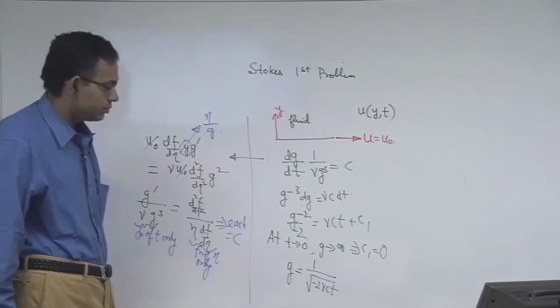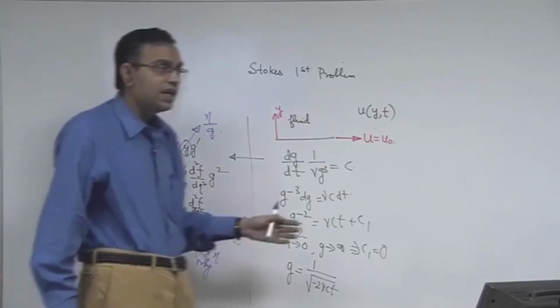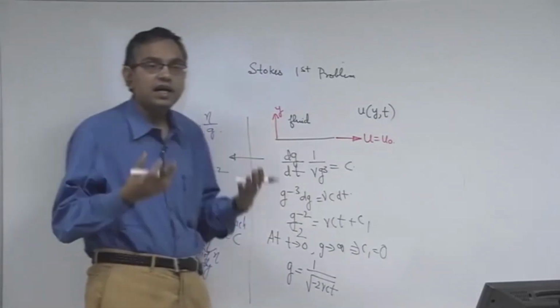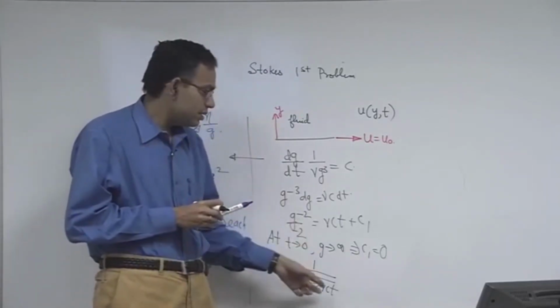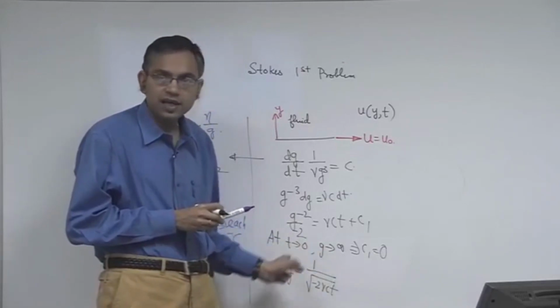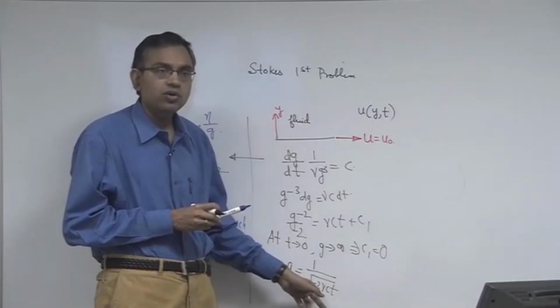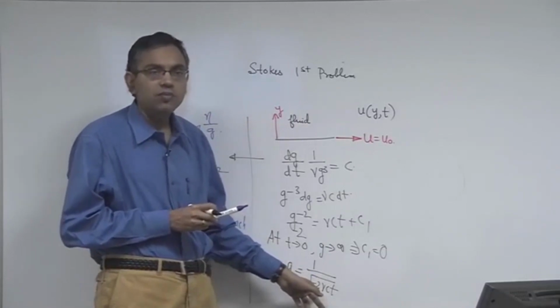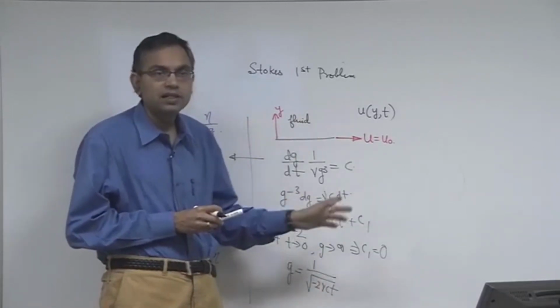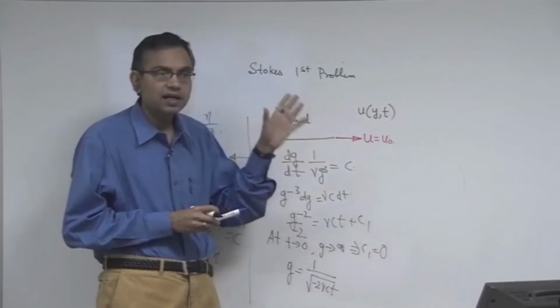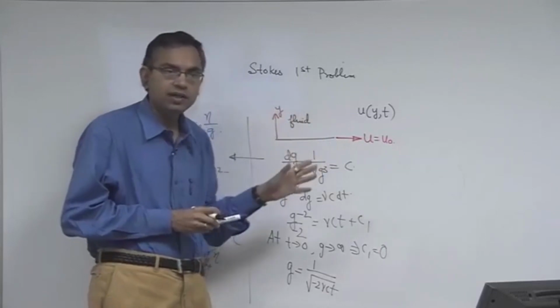All right. So, this is the beauty of scaling analysis. A rigorous mathematical analysis has given rise to this form of G, but you could tentatively get this form without going into this mathematical analysis, simply by scaling the two terms that appear in the governing differential equation.